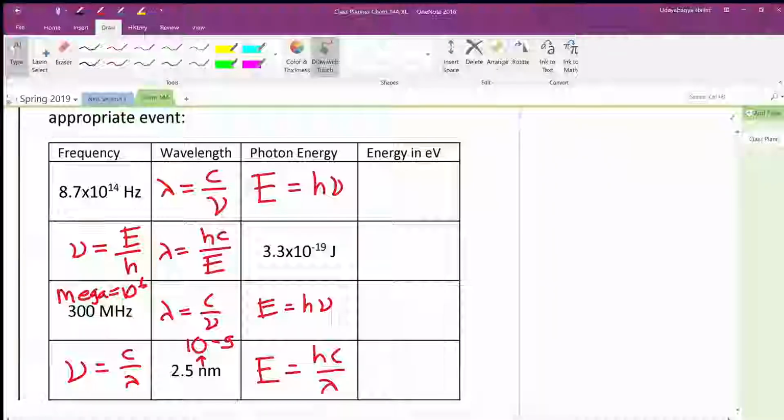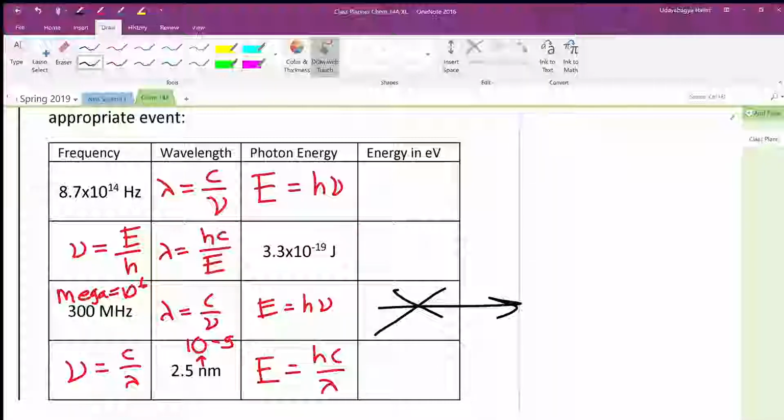Okay, so let's continue on with some of these things. I haven't finished off this row. I'm just going to continue on with some of the numbers and make sure that you have the right numbers at the end as well.